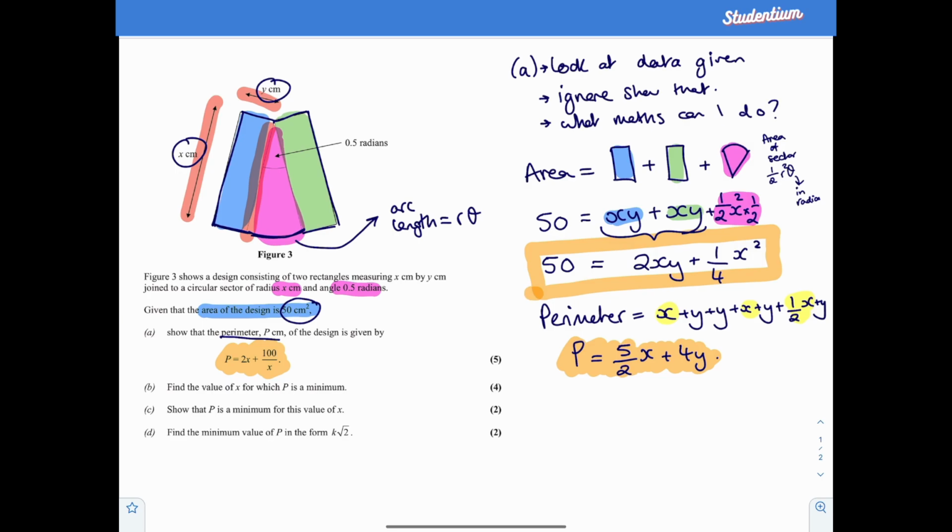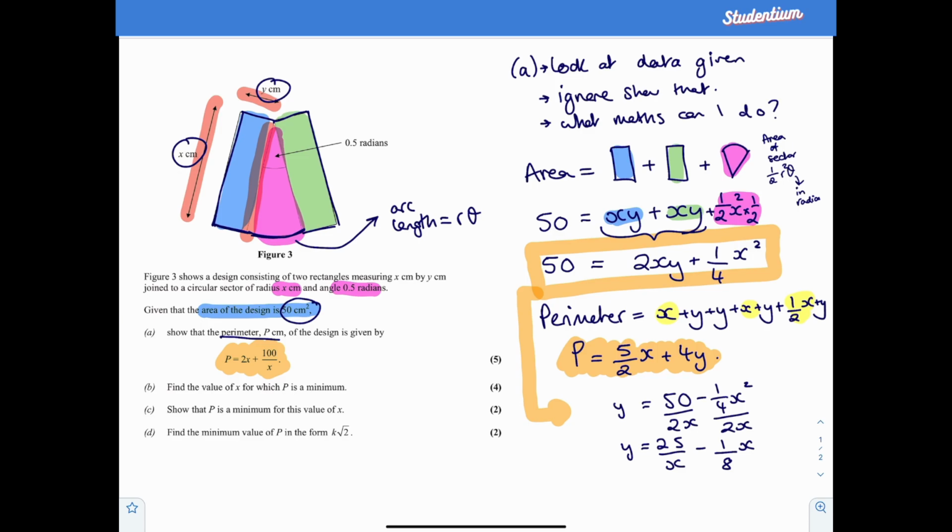So rearranging this to find y, I will do 2xy equals 50 minus 1/4 x squared, and therefore y would be equal to, if we divide through by 2x, we can just get y equals 50 over 2x, and then 1/4 x squared over 2x, which if we simplify that, we end up getting y equals 25 over x minus 1/8 x, because 1/4 divided by 2 is 1/8, and then x squared over x is just x.